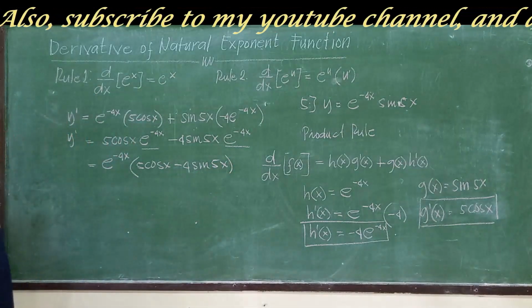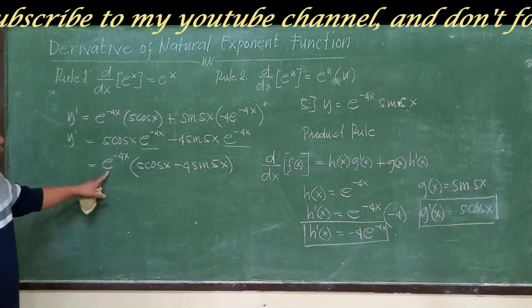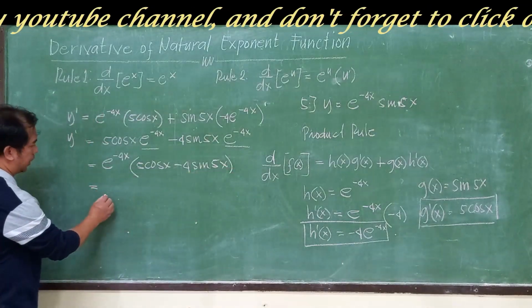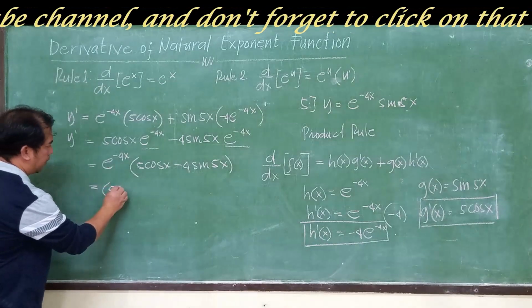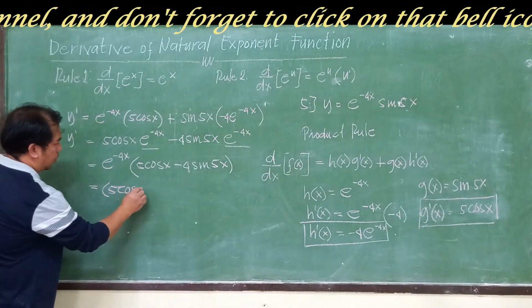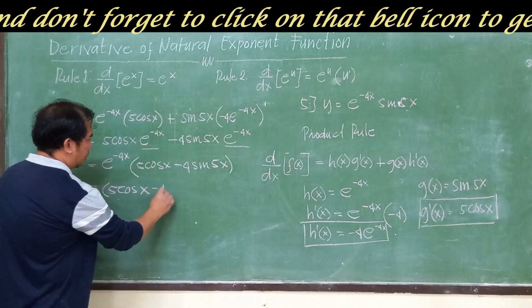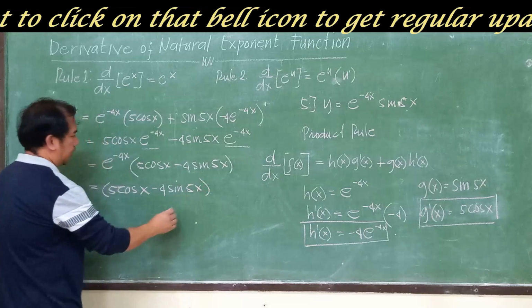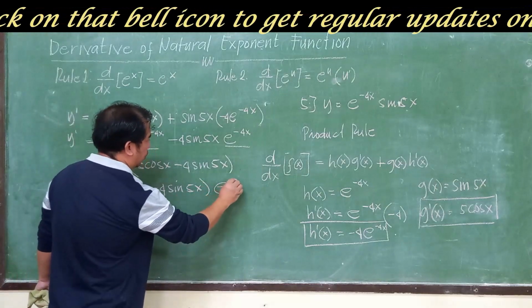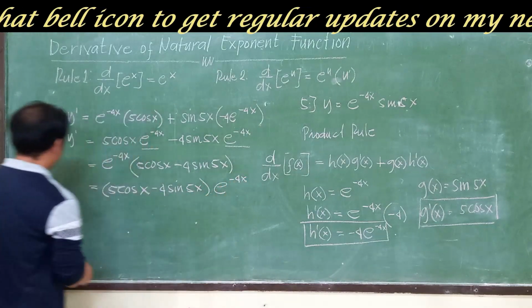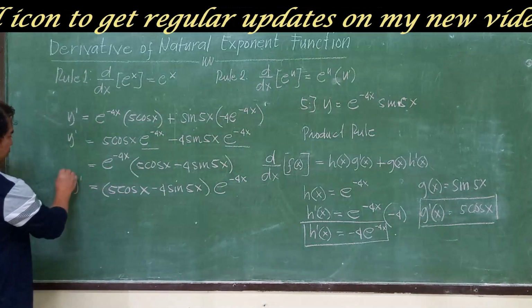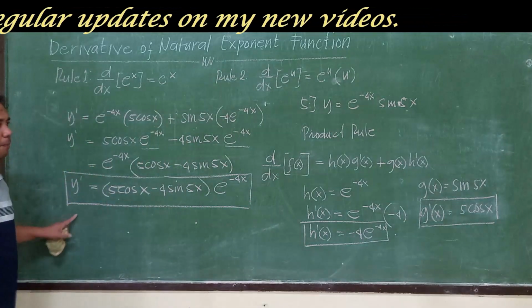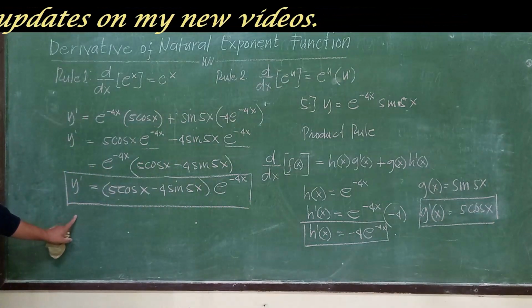So we have this one as our result. Or we can rewrite that one by saying the quantity 5 cosine x minus 4 sine 5x multiplied by e raised to negative 4x. So that is our y prime, the derivative of our problem.